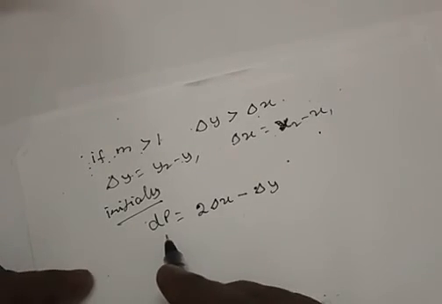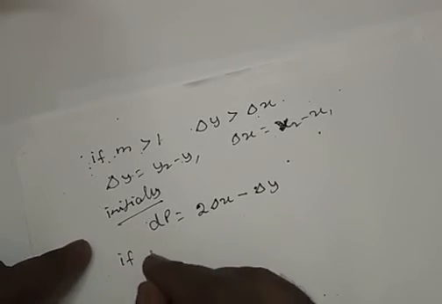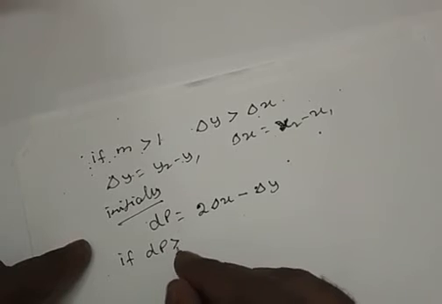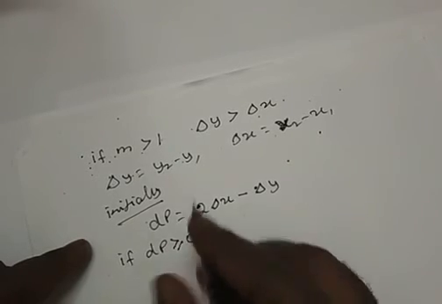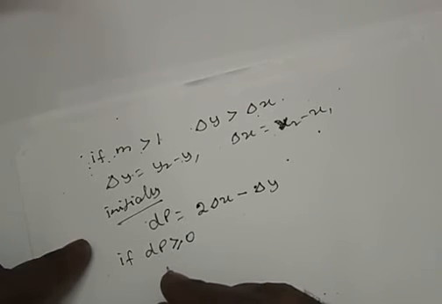That is for calculating the decision parameter here. And next step, if the dp value is greater than or equal to 0, since m value is greater than 1, y will always be incremented in unit terms.